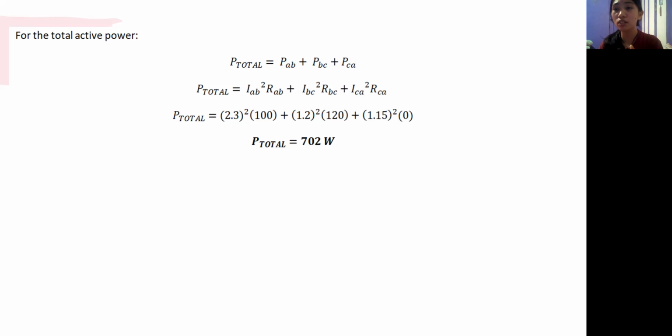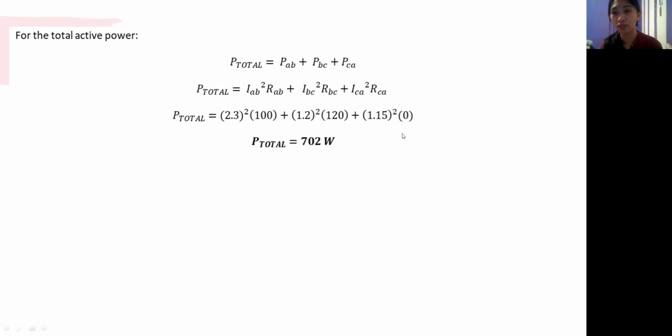We'll plug in the values that we have solved earlier. First is IAB. So 2.3 squared times the resistance of 100 ohms, plus 1.2 squared times 120, plus 1.15 squared times 0.